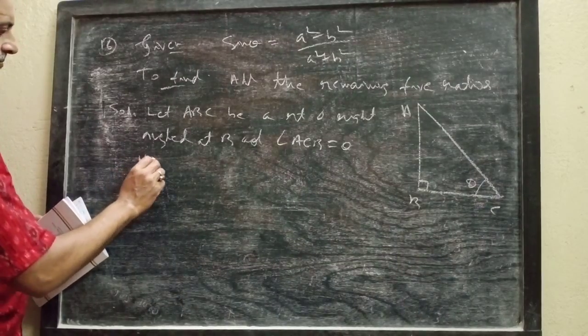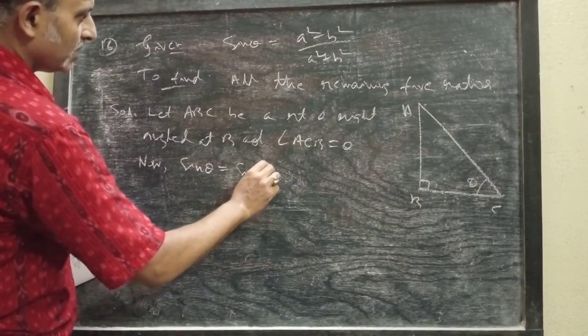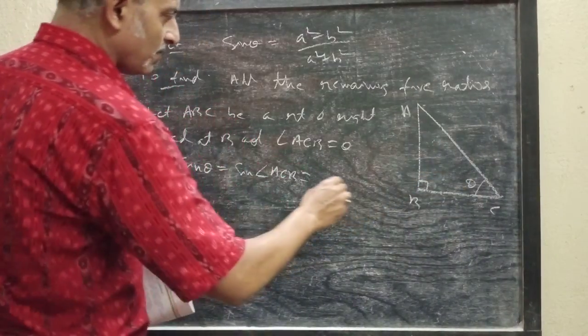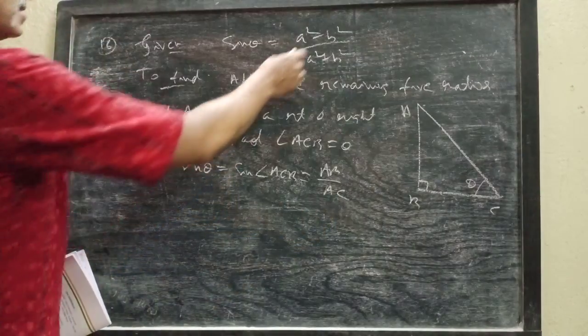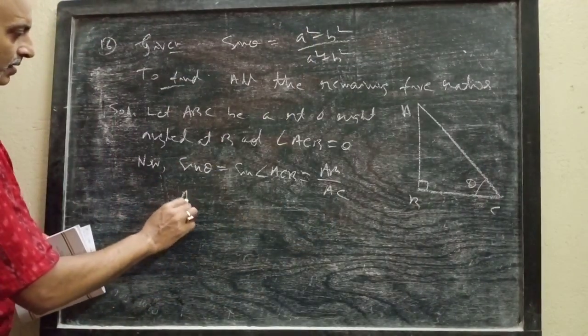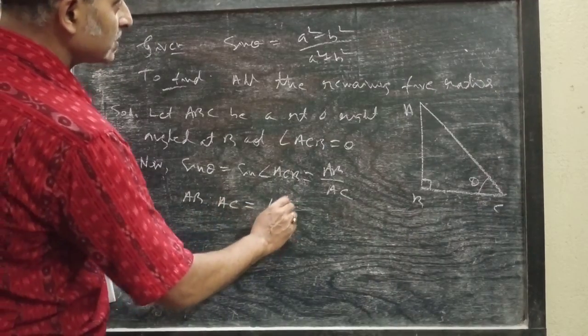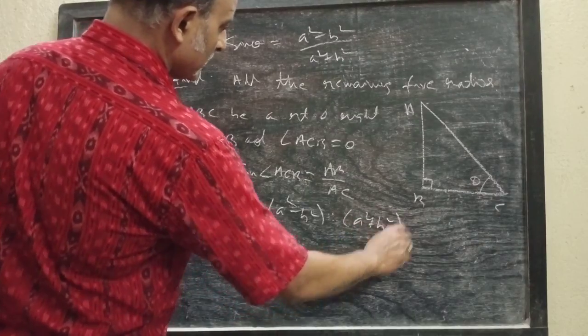Now sin theta, that means sin of angle ACB, will be AB by AC. Now sin theta is given, so you can write AB is to AC as a square minus b square is to a square plus b square.